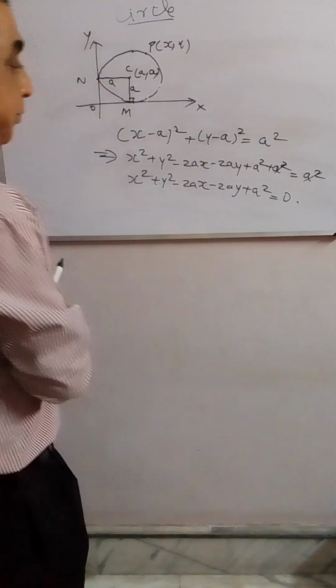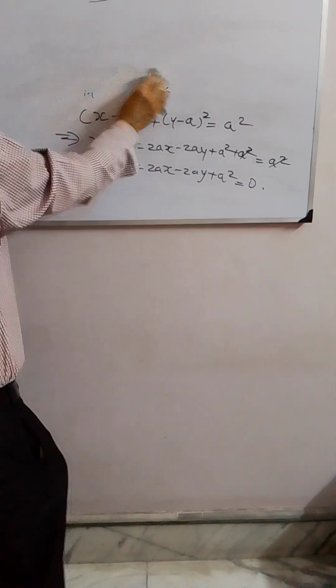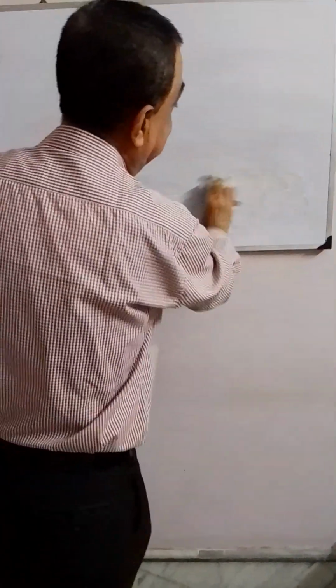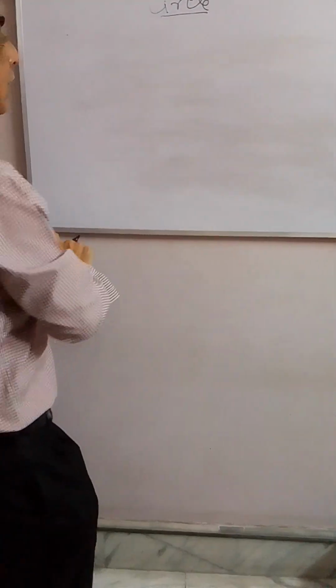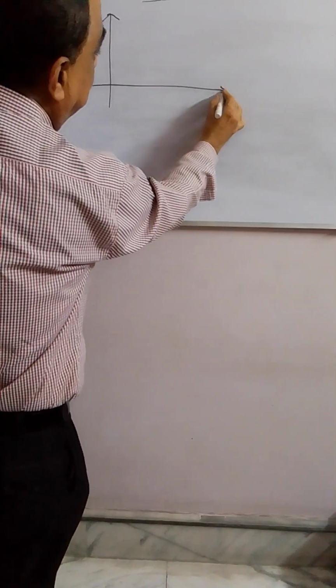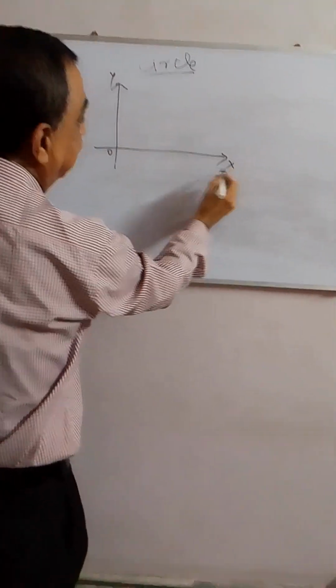Now we are taking the next case, when the circle is passing through the origin and whose center is lying on the x-axis. See here, this is the y-axis and this is the x-axis.